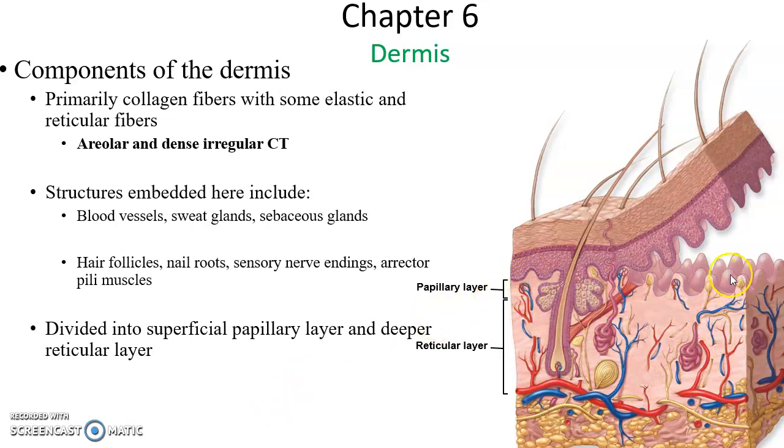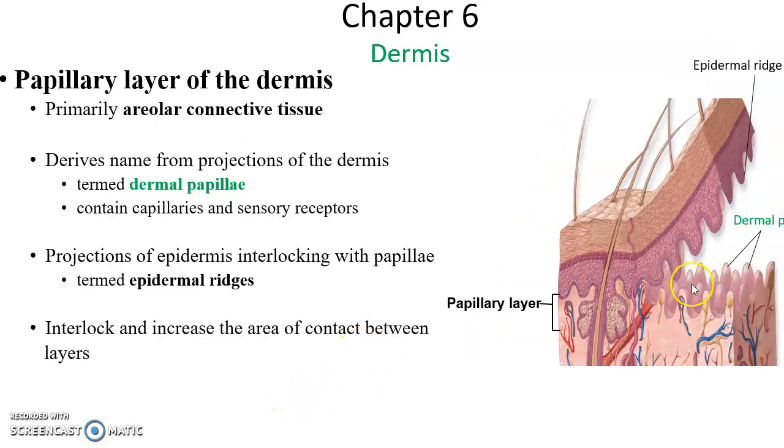And the dermis can be broken into the papillary layer, which is superficial, and the reticular layer, which is deep. The papillary layer is primarily made of areolar connective tissue. It forms these little projections that push up into the epidermis so that we end up with finger-like interlocking structures between the epidermis and dermis. They're called the dermal papillae.